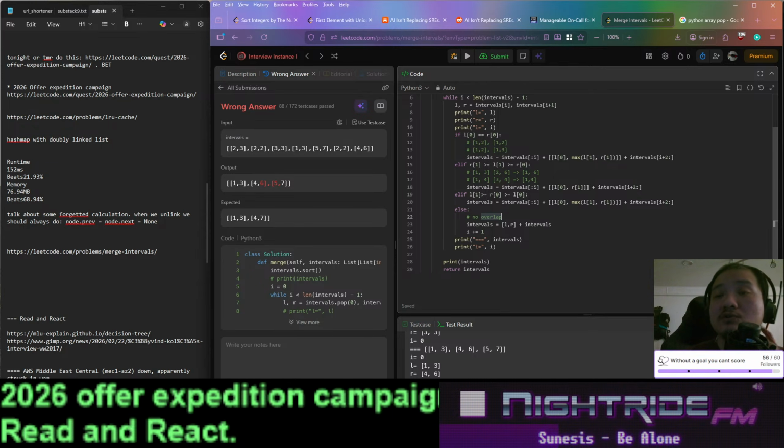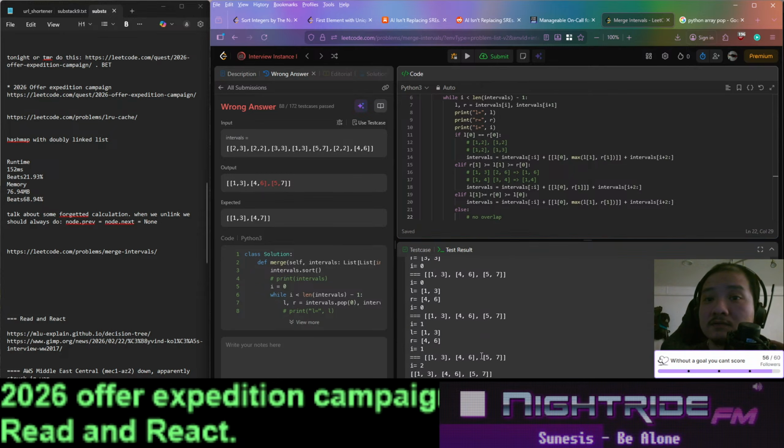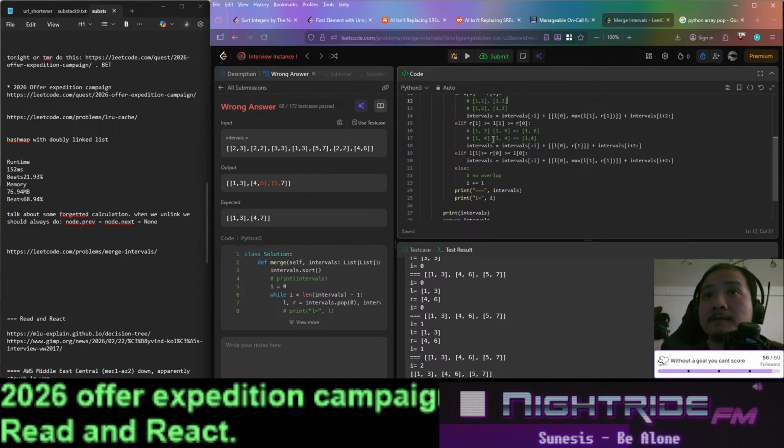So if there's no overlap, we actually don't do anything, right? If there's no overlap, like this case 1 3 and 4 6, we just increment by 1. Yeah, try that.